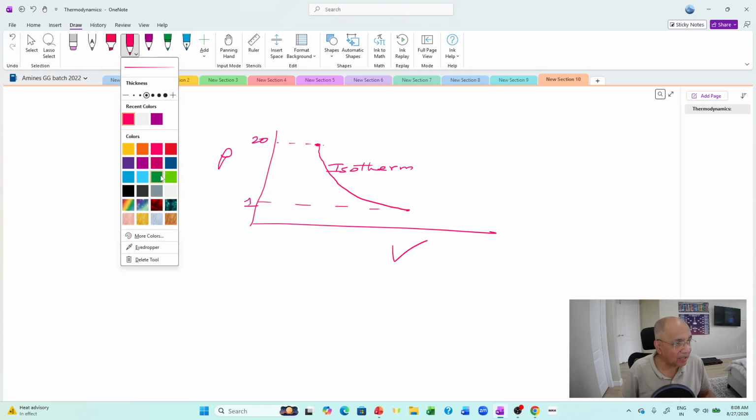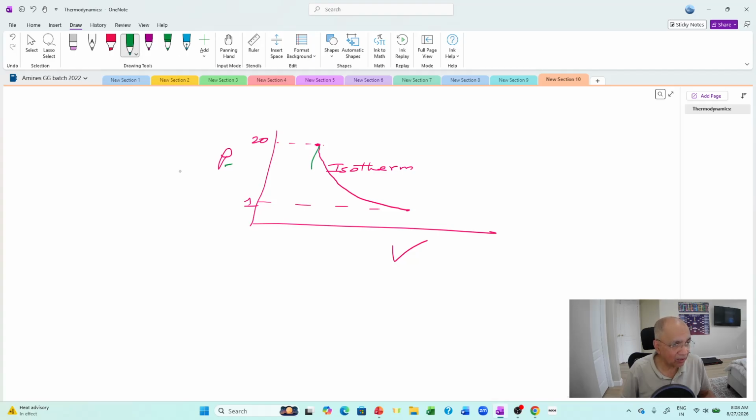The adiabat, it is called adiabat. It will run below during expansion. Why? Because it is a smooth graph.